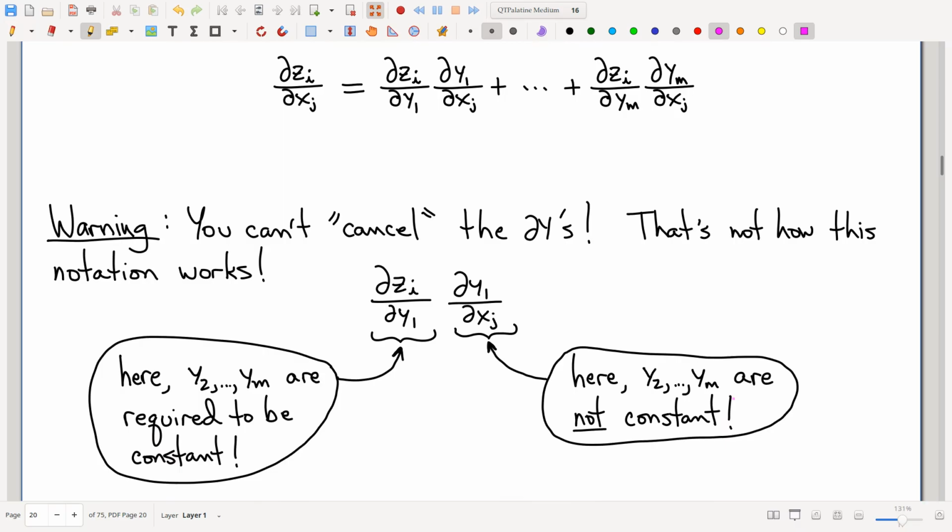I've seen so many students mess this up, get wrong answers, but worse, because they applied wrong reasoning, and that's where you really lose points. So in particular, I have seen lots of students say, okay, partial of z_i with respect to x_j, well, that's going to be, let's see here, here's my first term, z_i with respect to y_1 times y_1 with respect to x_j.